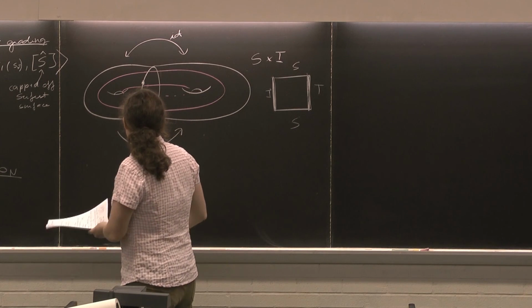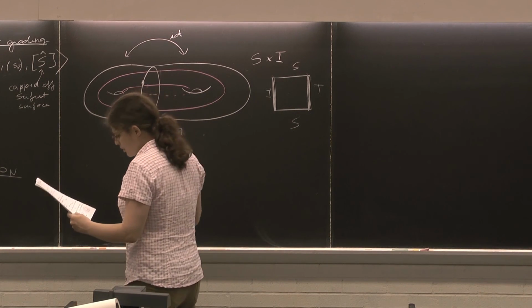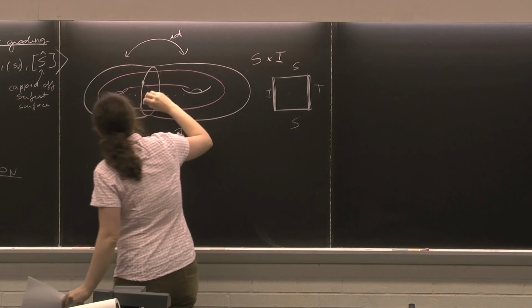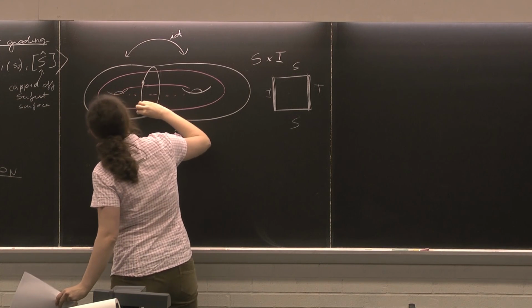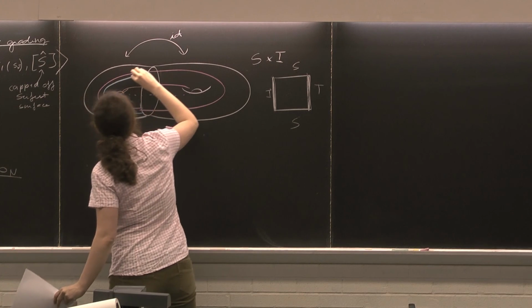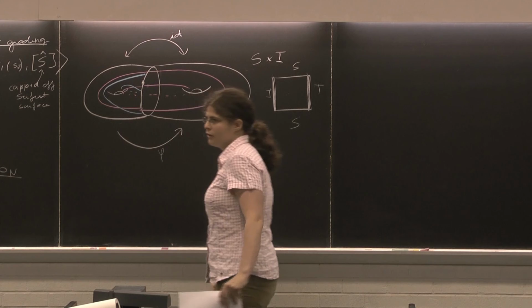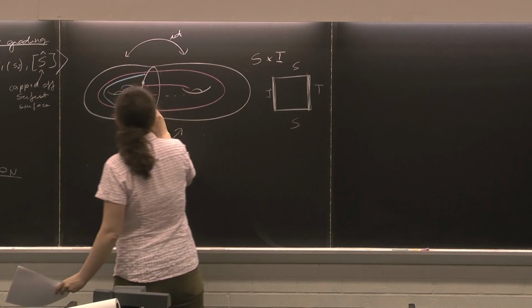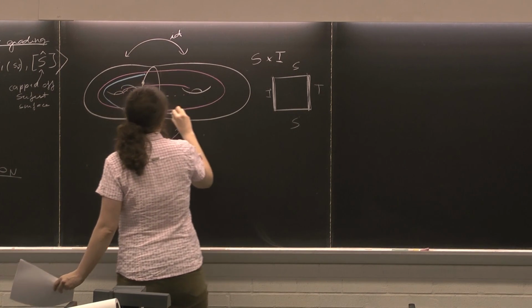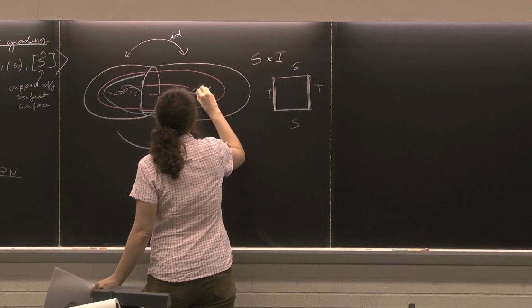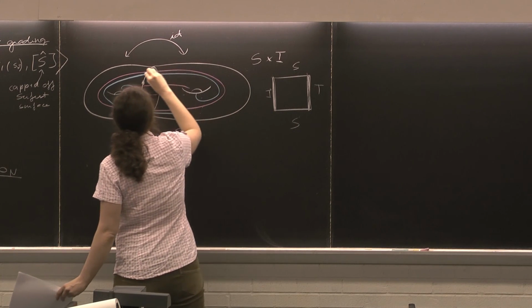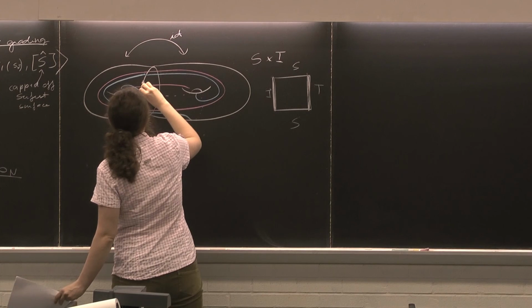So then let me just draw the same picture, just I'm gonna perturb my curves a little bit so that it's more visible. Okay? And then the image of this one is brought somewhere by the monodromy. Maybe this one doesn't change it at all.